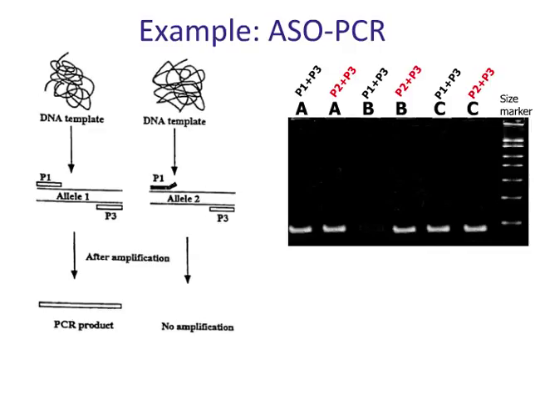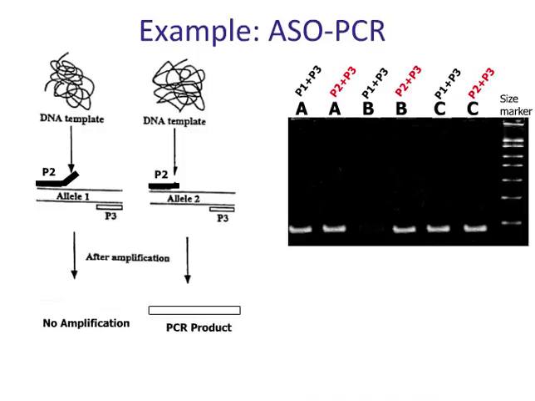If, instead of using P1 in the PCR reaction, you use a second primer designated here as P2, which is a 100% match for allele 2 but has a 3' mismatch for allele 1, you should get the opposite result. A PCR product from allele 2 but no product from allele 1.